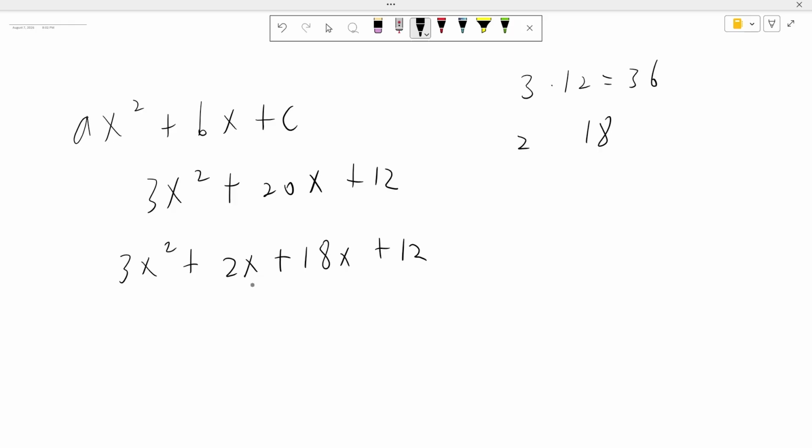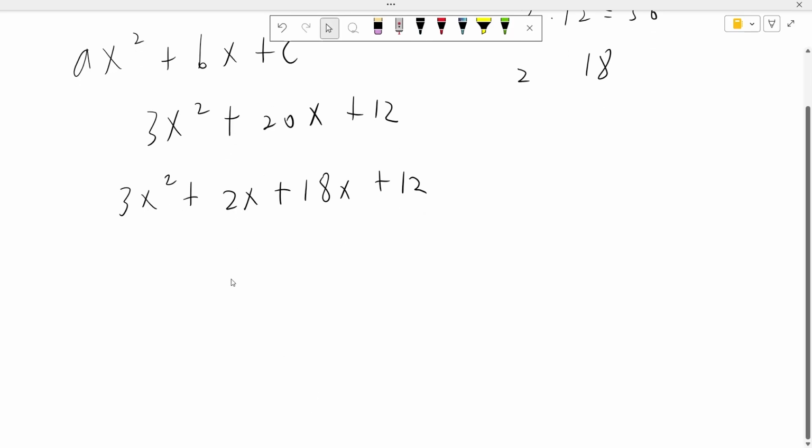They never change. So now we have to have the two brackets, right? That's what factoring means. And we first want to take care of the 3x squared. So we put 3x here and then x, that's going to result in this.